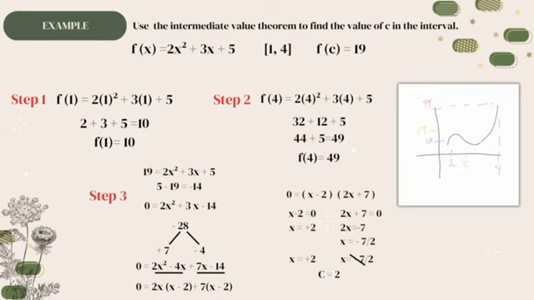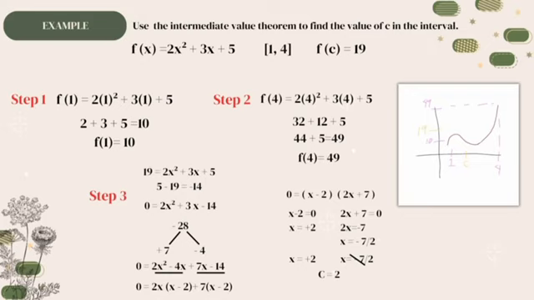So with this information, paano natin masasabing we can use the intermediate value theorem? So, notice that 19 is a y value. It's between the two values of 10 and 49.